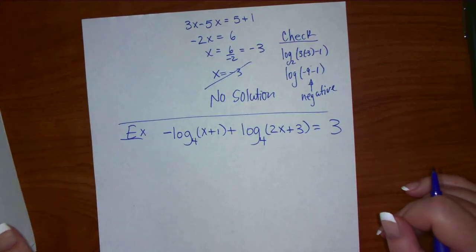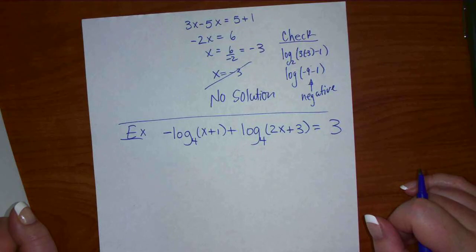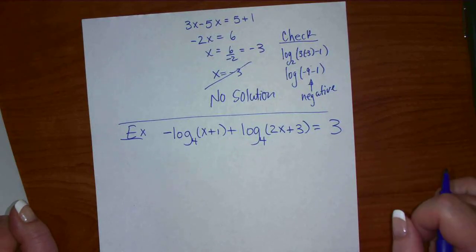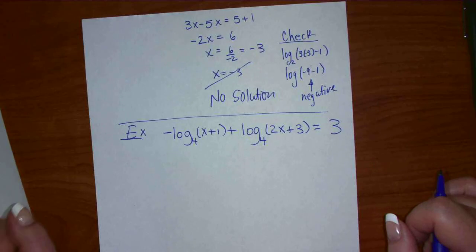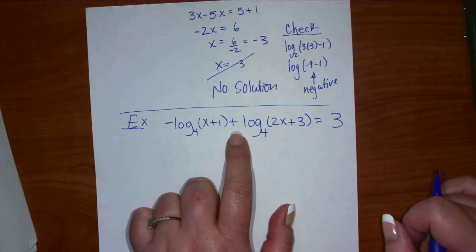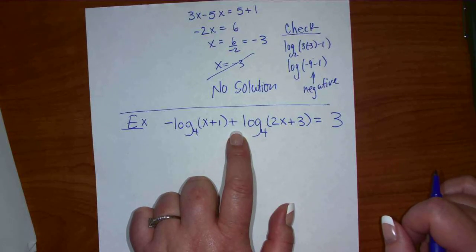So a bit harder. Which rule does this use, the multiply or the divide one? There's 2 logs, and what's in between them? Plus.